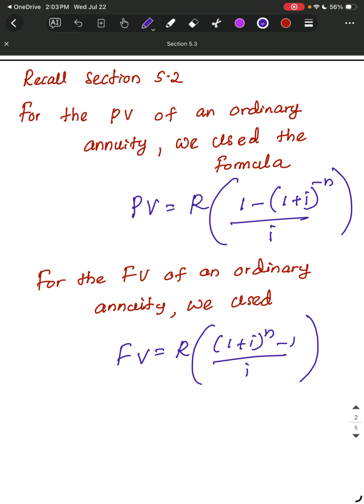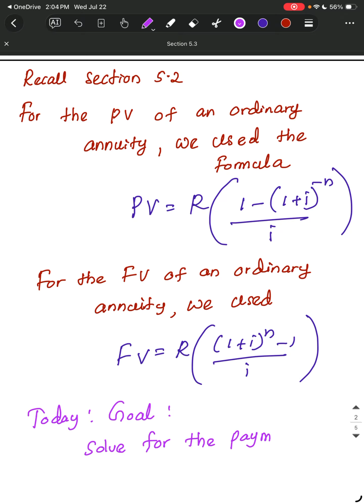In today's problems, we already know the present value and future value, and our goal is to solve for the payment R. Okay, then let's begin with loan amortization.